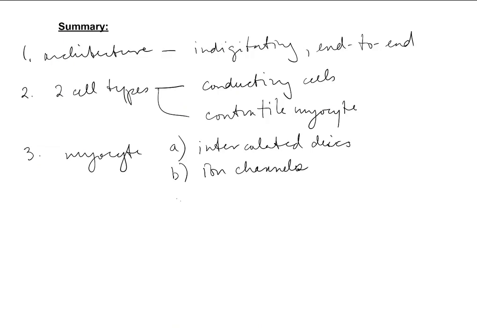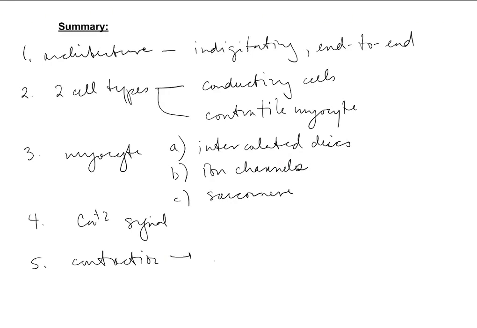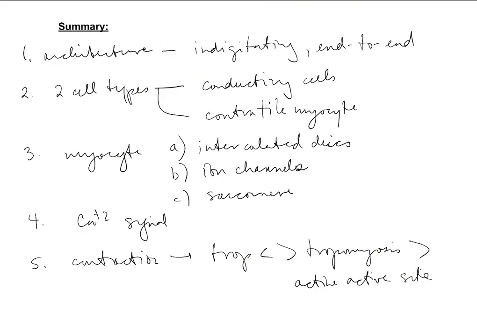And then we're going to have the sarcomeres that form the actual contractile unit. The signal is a calcium signal amplified by calcium-induced calcium release. And then the last element is going to be contraction, in which the calcium affects the troponin C, which affects the tropomyosin, which allows for the actin active site to interact with the myosin heavy chain head.